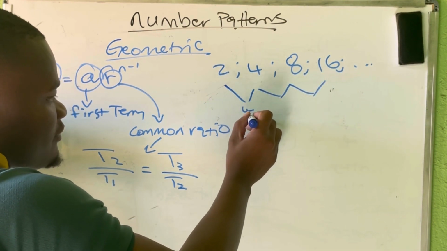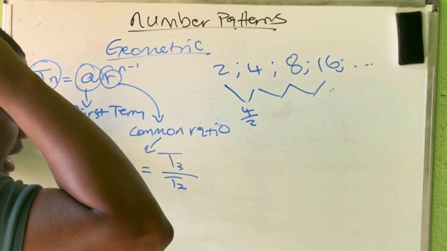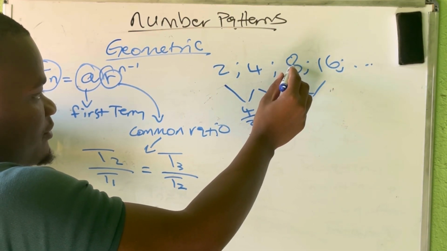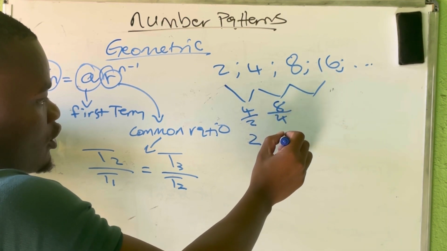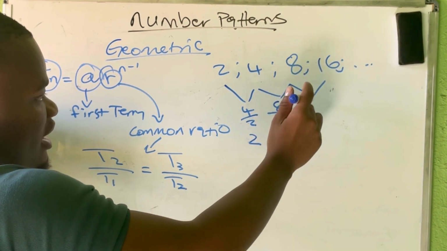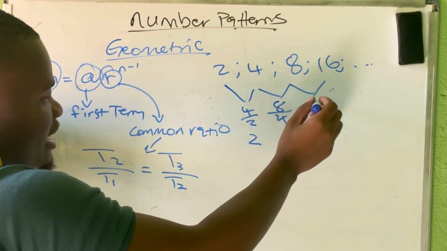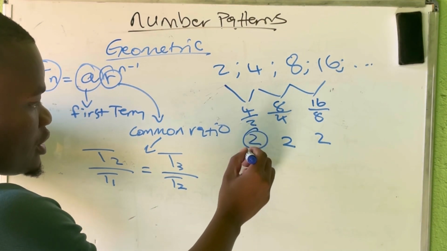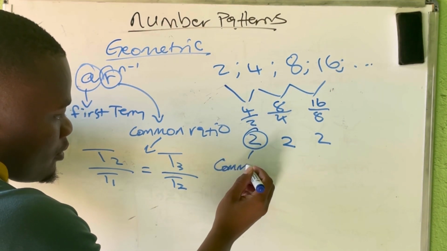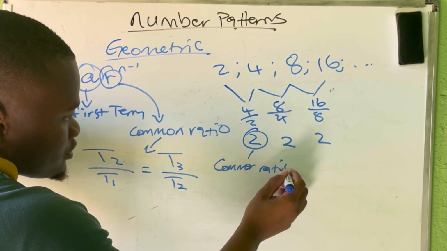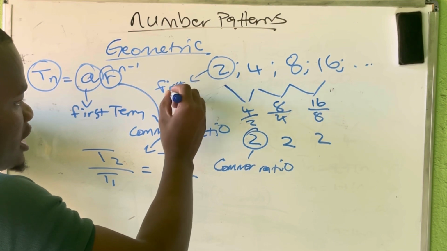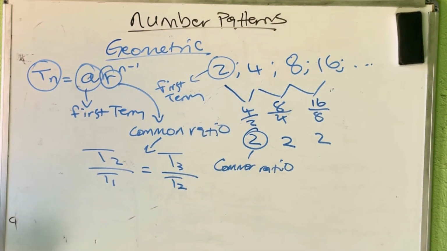So 4 over 2 will give you 2, 8 over 4 will give you 2, 16 over 8 will also give you 2. Then 2 is our common ratio, and a is our first term. Now, that means we can find the general term.